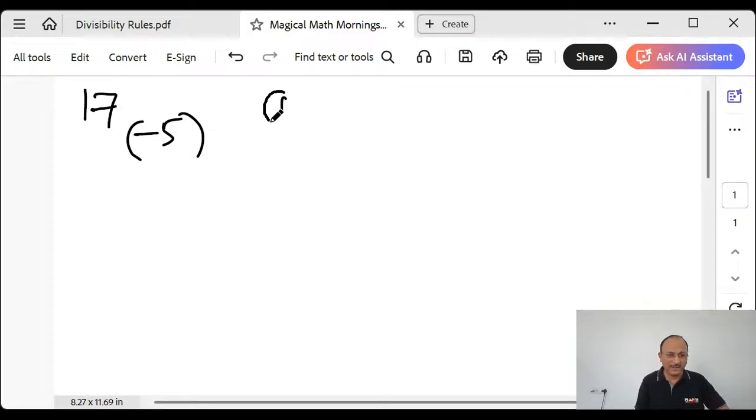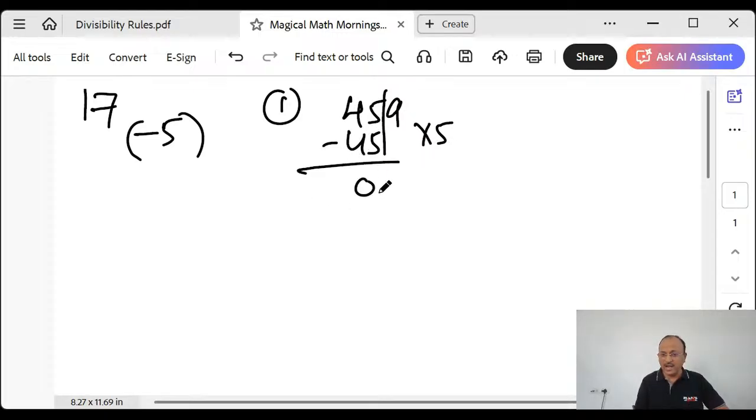Let's take one example. A small number I will start with. 459. I want to check whether it is divisible by 17. Okay, what will I do? 9 fives are 45 and I subtract. The difference should be 0 or a multiple of 17. 0, 17 or 34, like that we should get. Then it is divisible by 17.